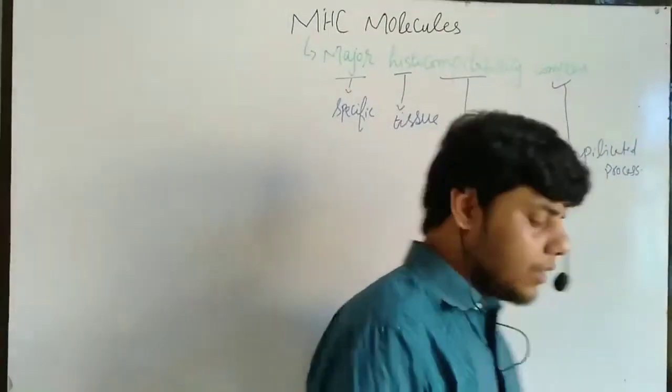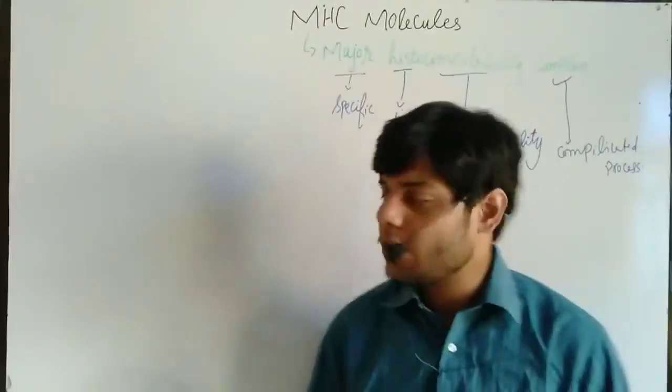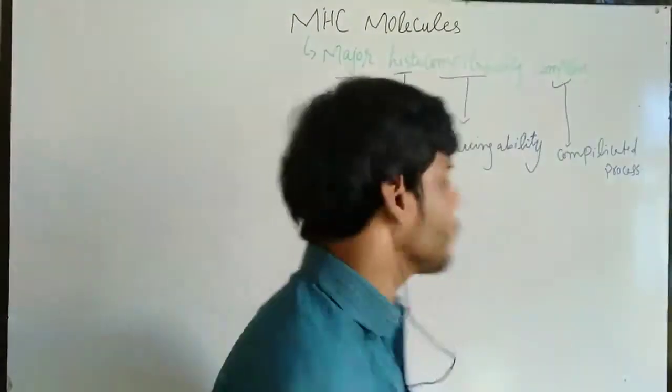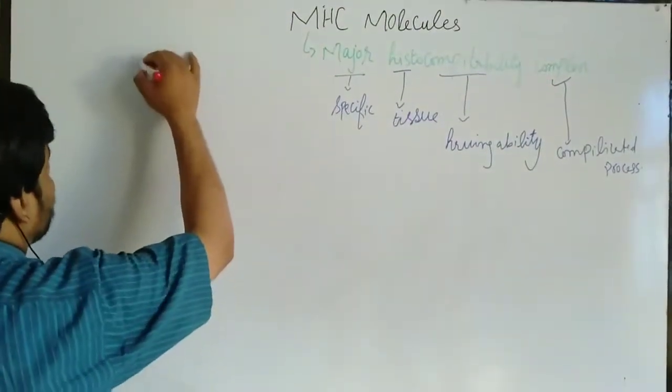Okay, all the eukaryotic cells in our body have MHC molecules. So if I draw the cell here, let's say this is a normal cell of our human body.